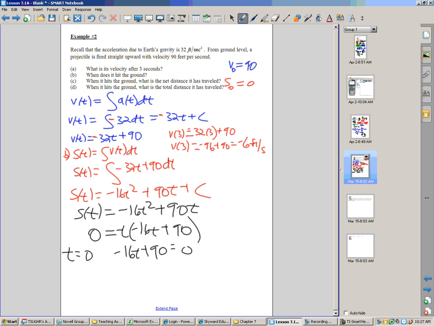Add the 16t to the other side. So you get 90 equals 16t. Divide both sides by 16. If you reduce by 2, you're going to get 45 over 8. And you can figure out that that's 5 5/8 seconds is when it's going to hit the ground.